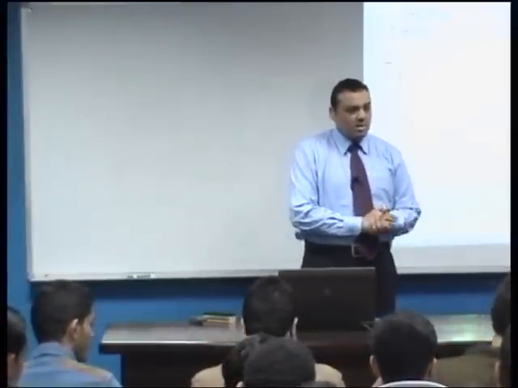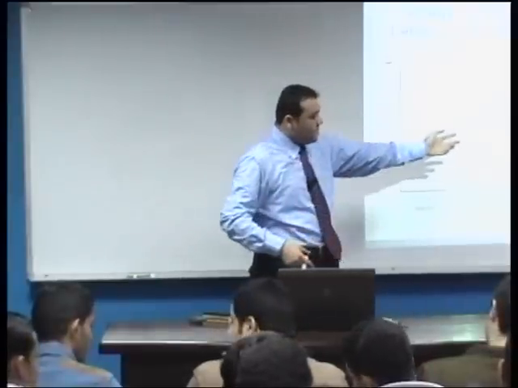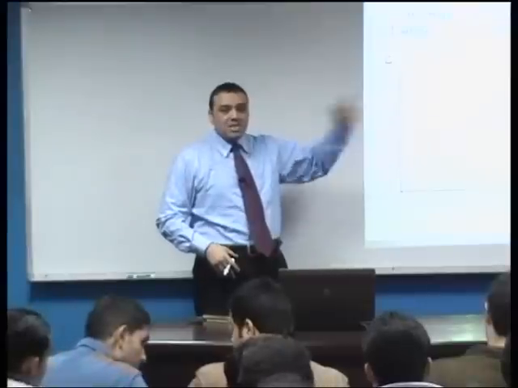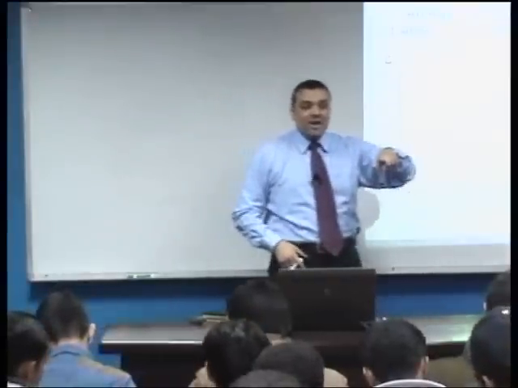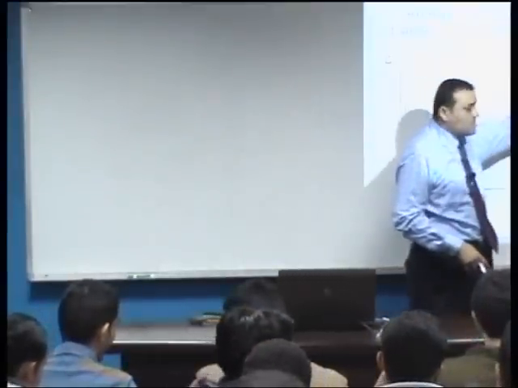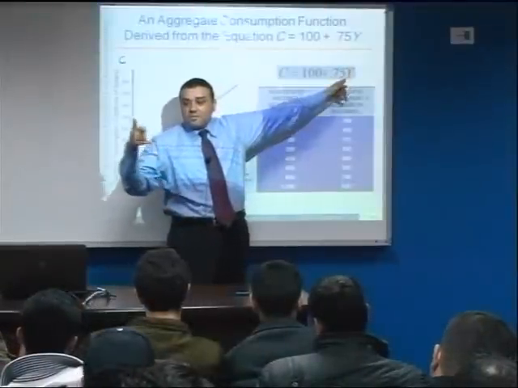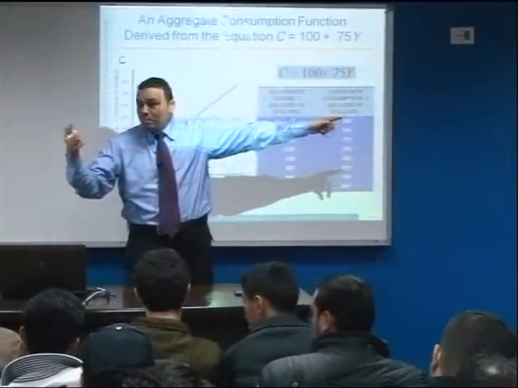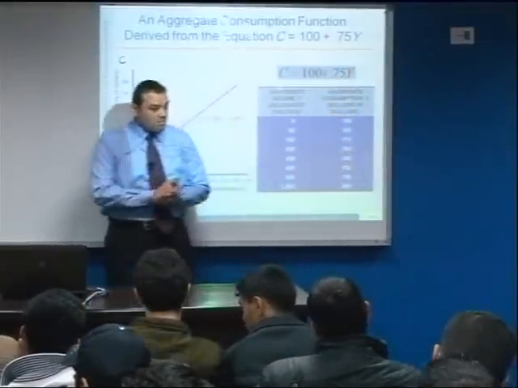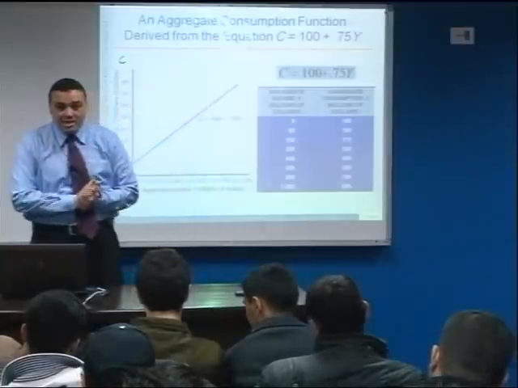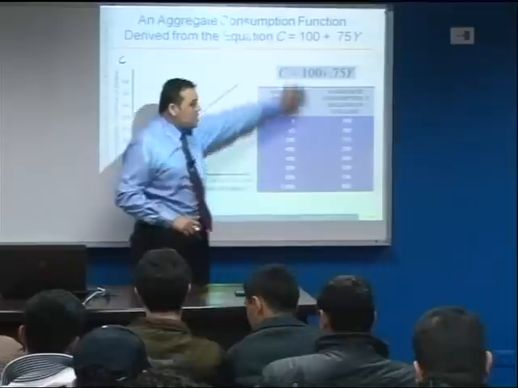Okay, but you are part of the family. So as you see, to derive the consumption function, C equals A plus BY, we have derived A and B from this data.